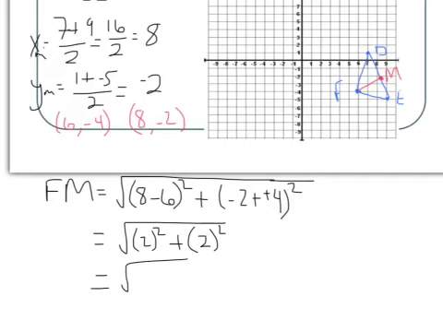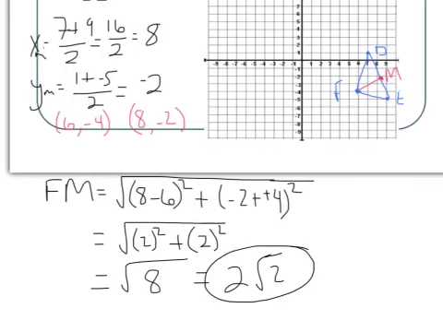So I end up with 4 plus 4 gives me 8, and that can reduce down to 2 root 2. And there you have it. Using the distance formula. That's all you guys got to do, and now you know what's up.